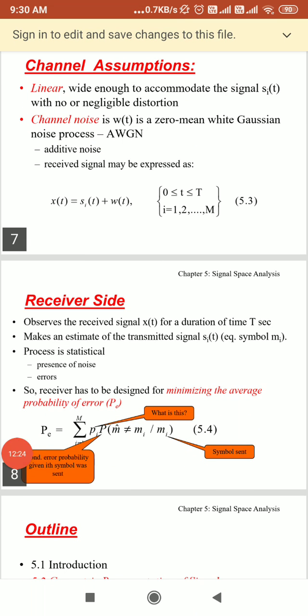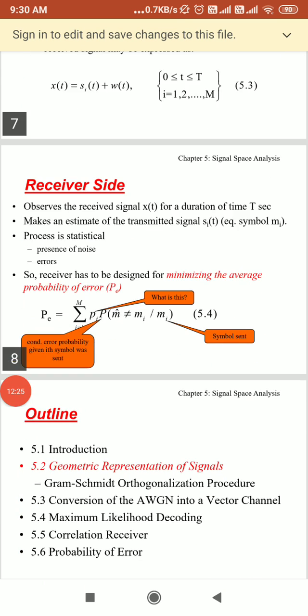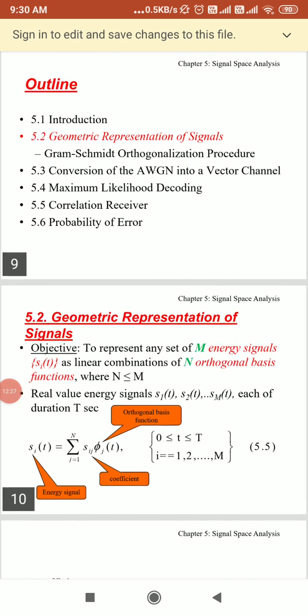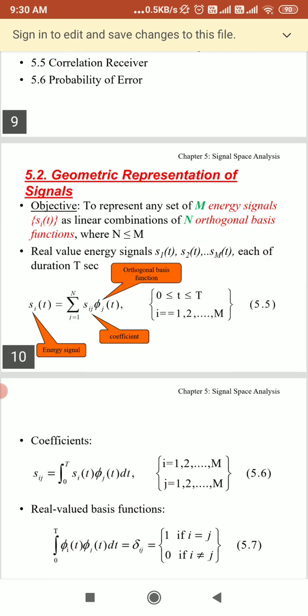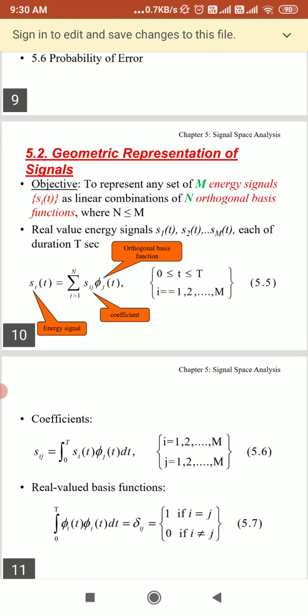So here now we can see the geometric representation of signal. If we are sending a set of m energy signals, we are considering them as a linear combination of n orthogonal basis functions, where n is less than or equal to m.